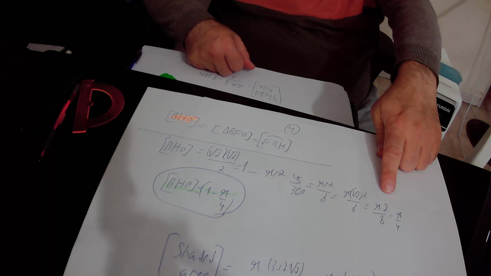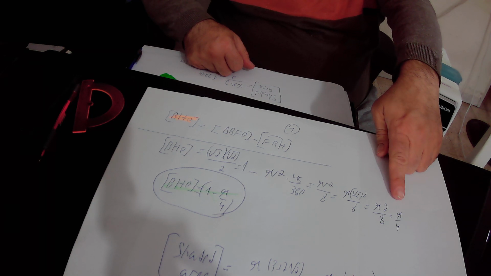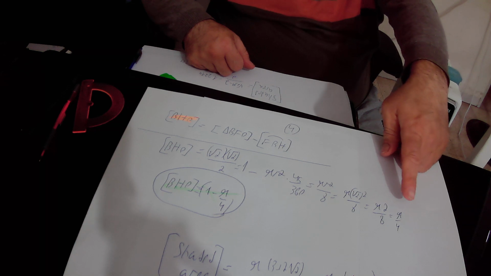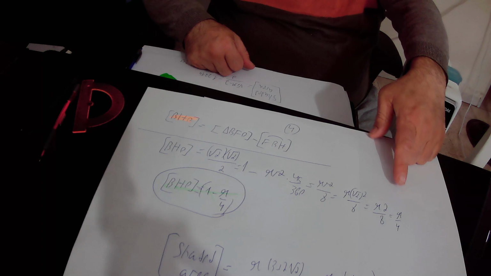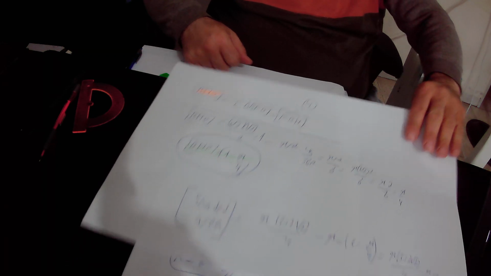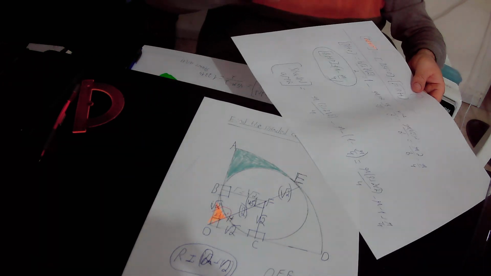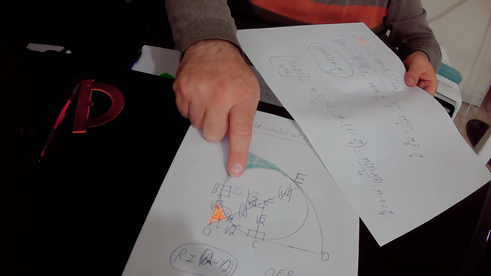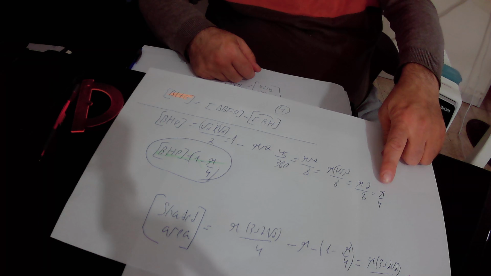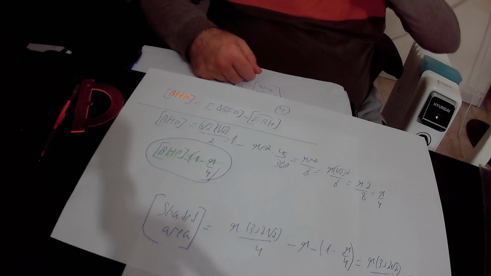Here we divided both the numerator and the denominator by 2 and found out that 2 over 2 is 1. So we are left in the numerator only with pi, and 8 over 2 is 4. So in conclusion, we found out that the area of the small sector FBH is equal to pi over 4 square units.